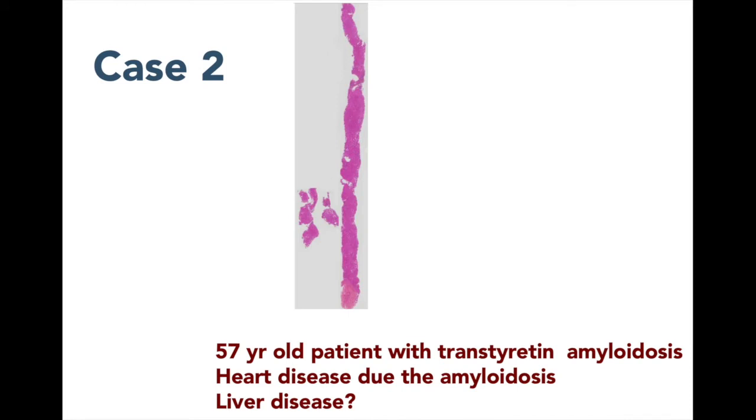Case number 2 is a liver biopsy performed in a 57-year-old patient with transthyretin amyloidosis.